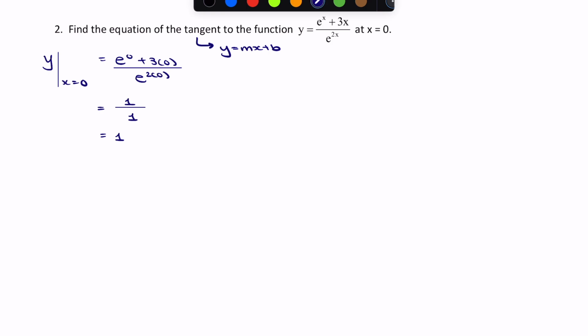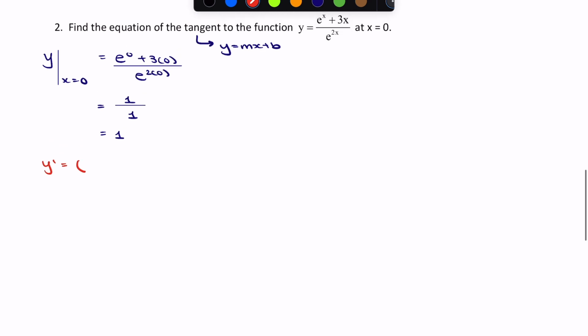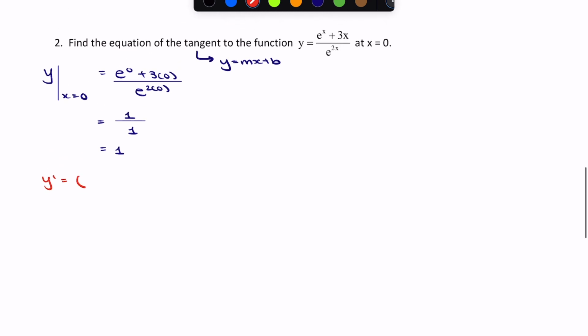So second thing we need to do is find the derivative of this particular function, so y prime. So here we're going to use our quotient rule. So here the first thing we'll do is the top. We'll do the derivative of the top.